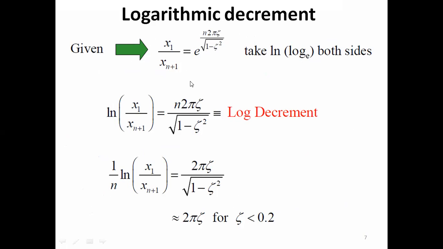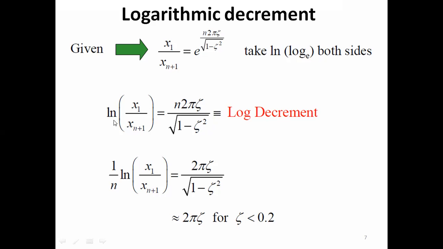So taking natural log on both sides, we would have natural log x1 by xn plus 1, and the power would become the coefficient, and then we would have natural log of e, and the natural log of e is actually 1. So we got this equation.